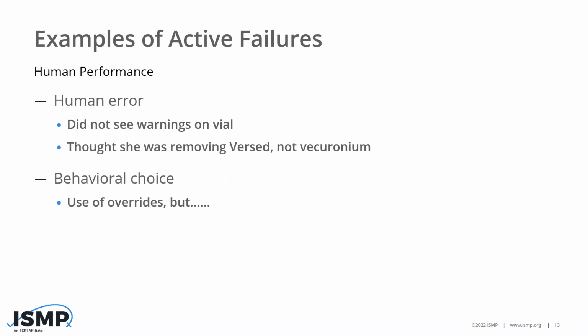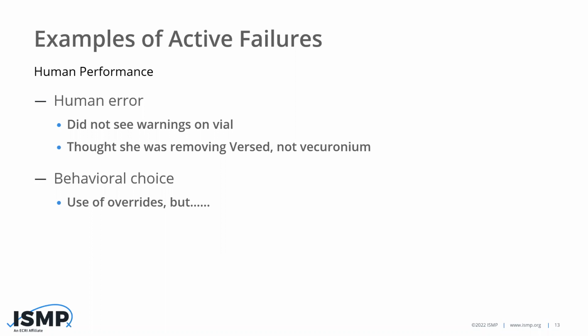We got Versed, and she never saw other things on the label to maybe dissuade her from the wrong choice up front. And listen, in this case too, the behavioral choice is the use of overrides, right? This nurse knew they needed to get this drug, and used an override to get the drug. That was a behavioral choice, but anybody in that organization could have, and it's not just this organization. Failures like the ones we listed a couple of slides ago happen in many organizations in this country, whereby we set people up to fail by allowing a drug on override.